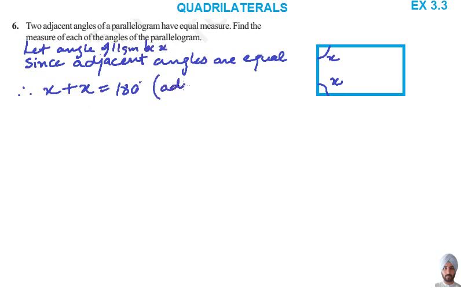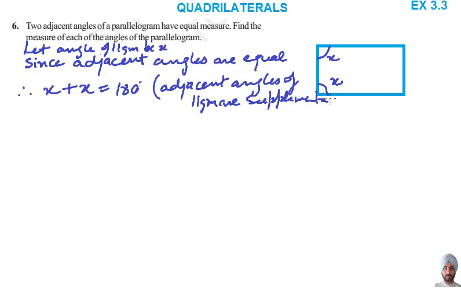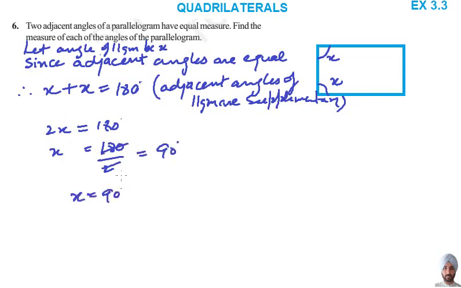Because adjacent angles of a parallelogram are supplementary. Supplementary means the sum is 180. So x plus x is 2x. So here it is 180. So x is 180 upon 2, which gives us 90 degrees. So x is 90 degrees.